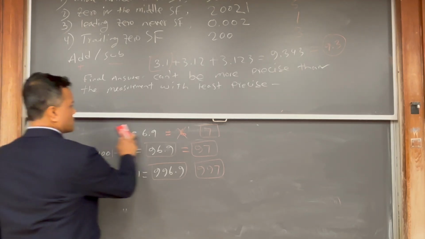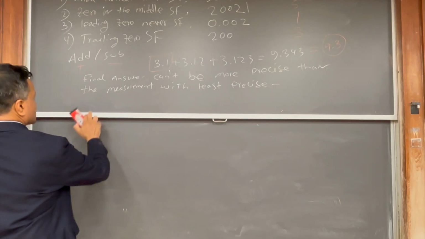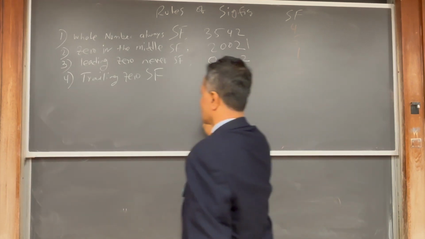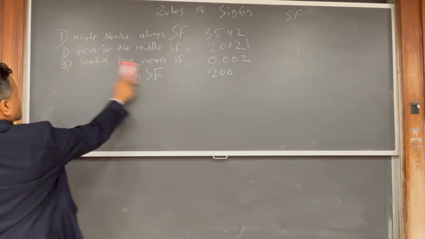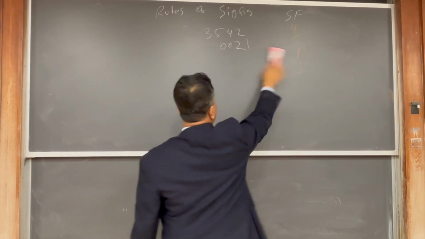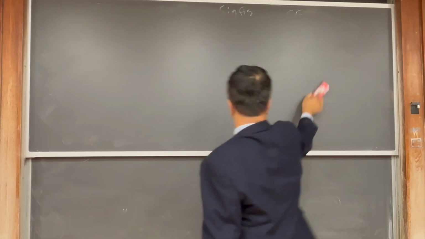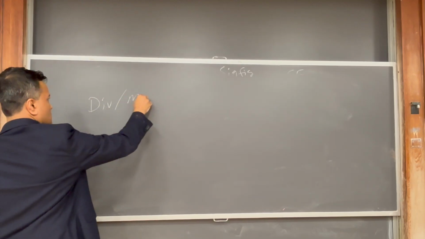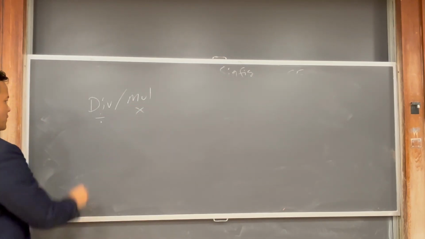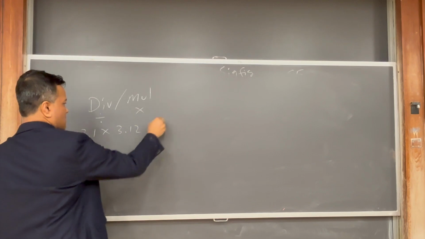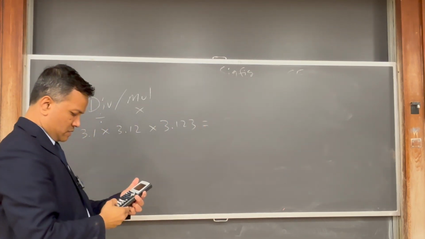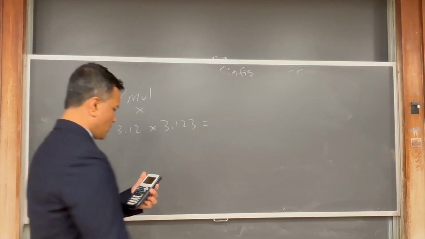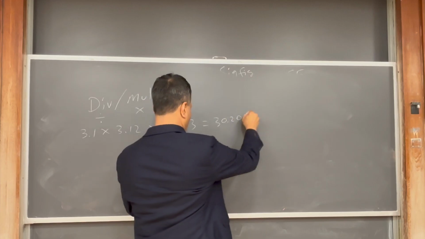Now let's see the division and multiplication rule. Let's say 3.1 times 3.12 times 3.123. How much? That is 30.205656.